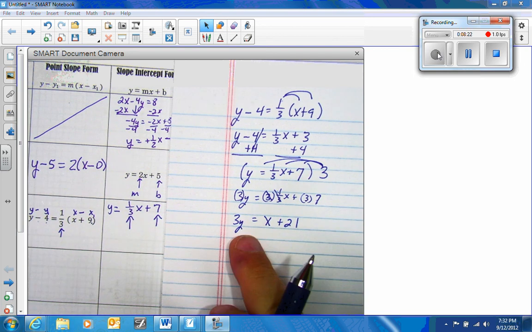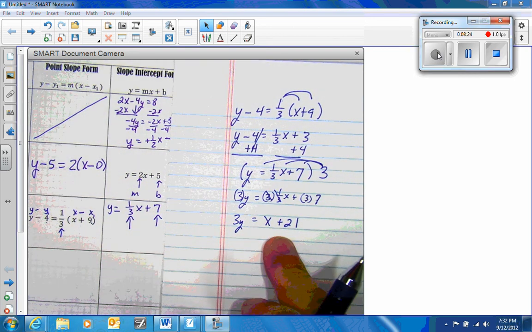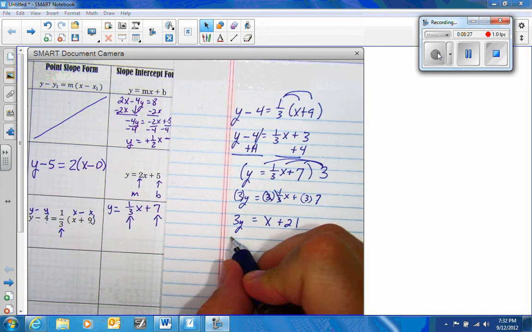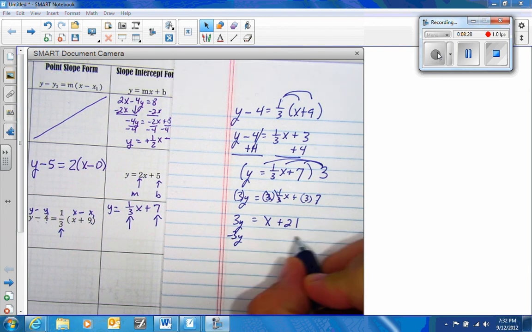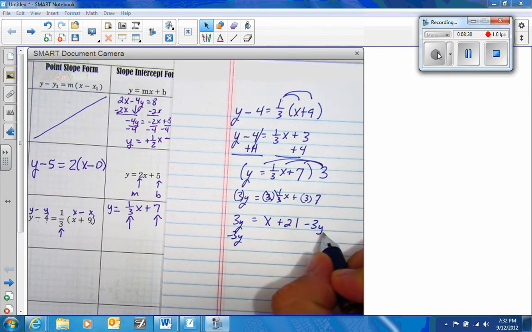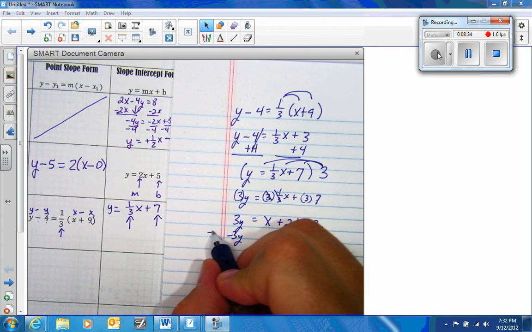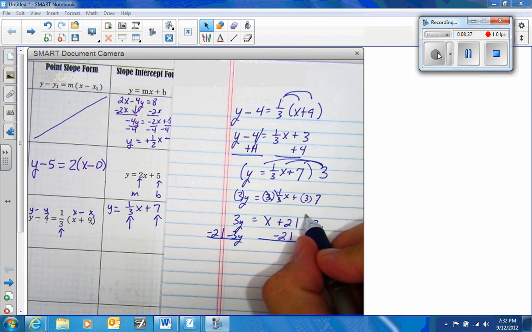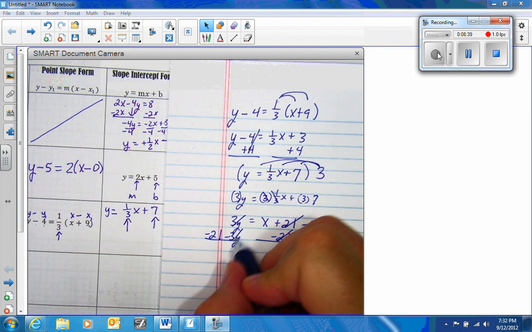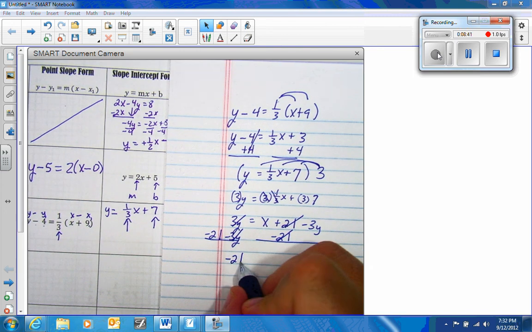Now again, this is just like the last problem I solved. I'm going to move the 3y over here, and at the same time, I'm going to move the 21 over here. Now, the 3y's are gone. I'm left with negative 21 on this side.